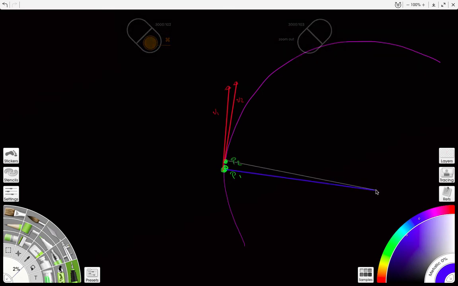There was a small increment here, delta theta. So if we take V2 minus V1, we take these two vectors, V2 minus V1 would indicate my delta V.